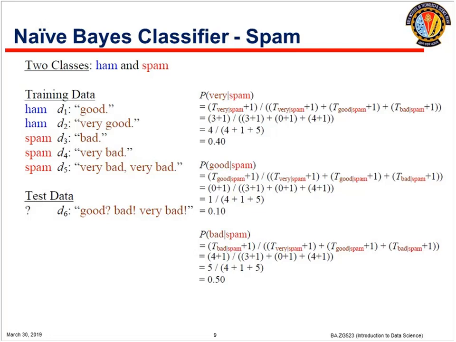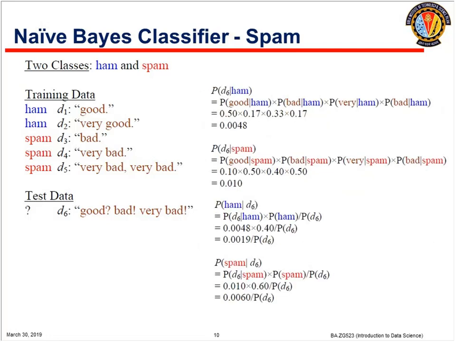Alright. Now let's look at the document-wise probabilities given a certain label. Here is where the naive Bayes assumption comes into play. Let's look at the probability of, say, D6.